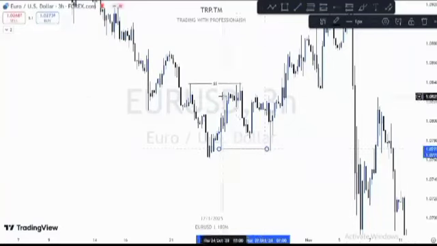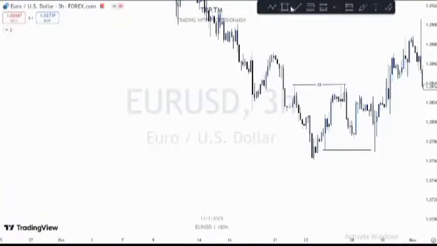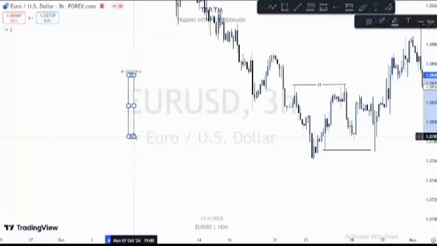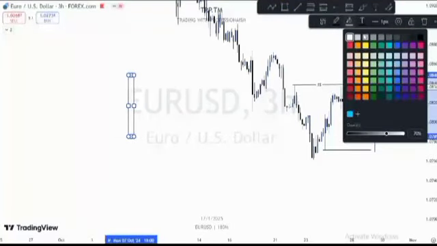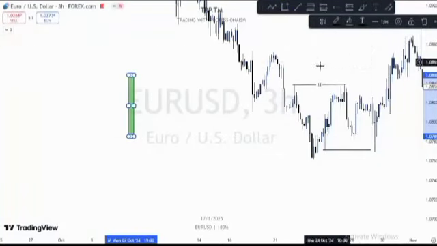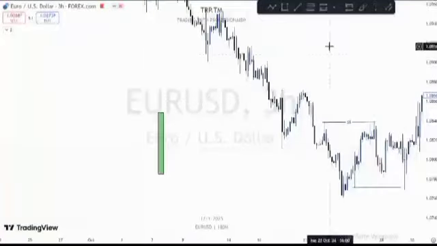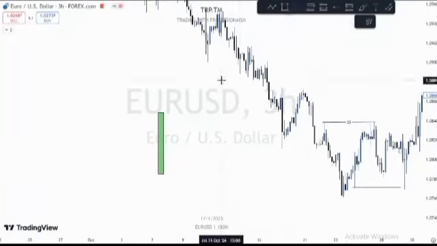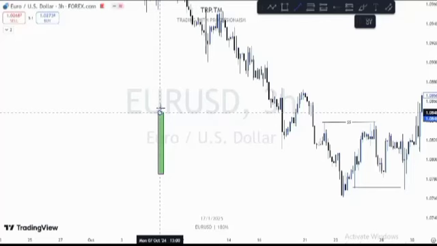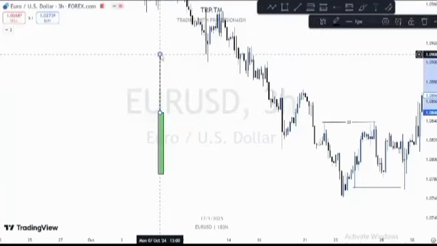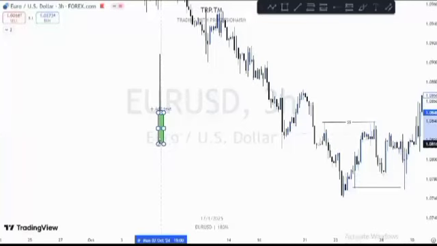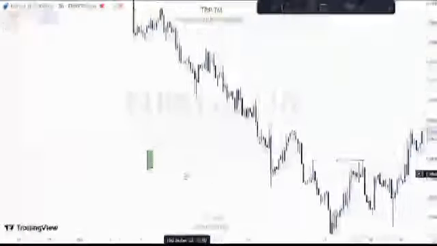Why do I say that? Whenever you see a candle in the market that looks like this, whereby this is the body of the candle, so let me change the color of that. Let's say a bullish candle. This is the body of the candle. Then you see a very long wick like this.